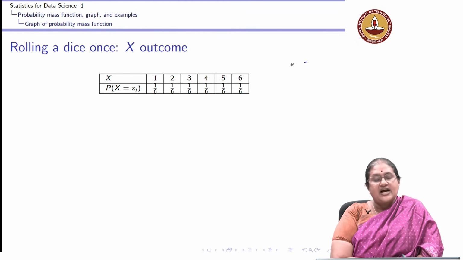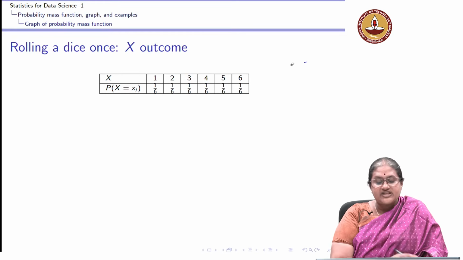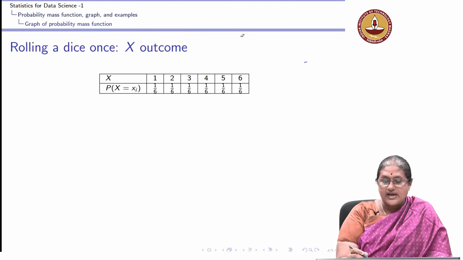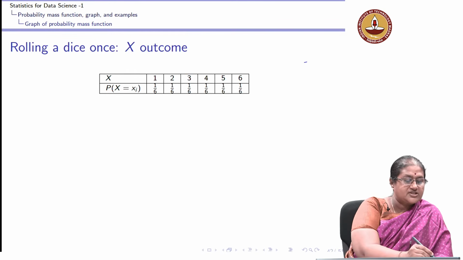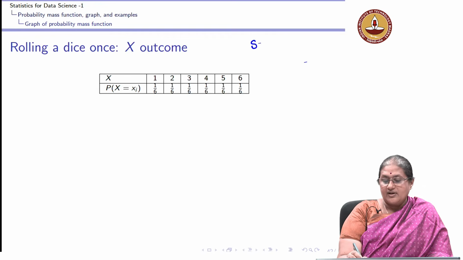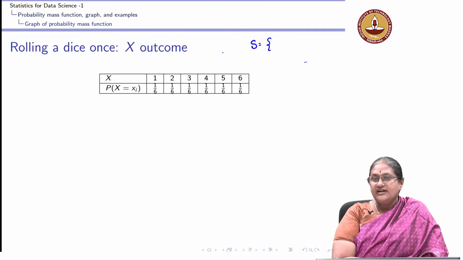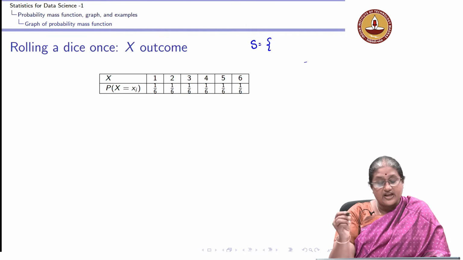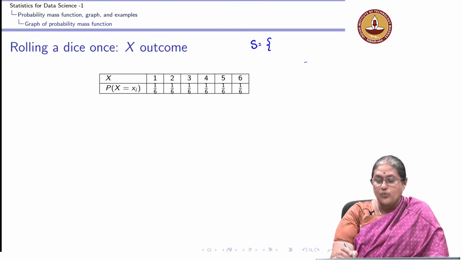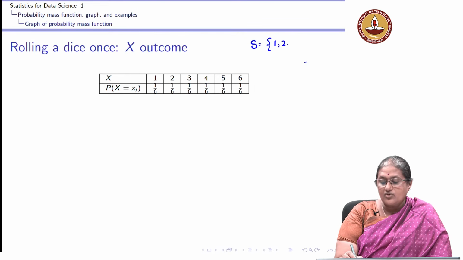So, let us start with rolling a dice once. I know the sample space for this is going to be the following. I am rolling a 6-sided dice. It is a fair dice, so I am rolling it only once. I know that the outcomes could be any one of the 6 outcomes.